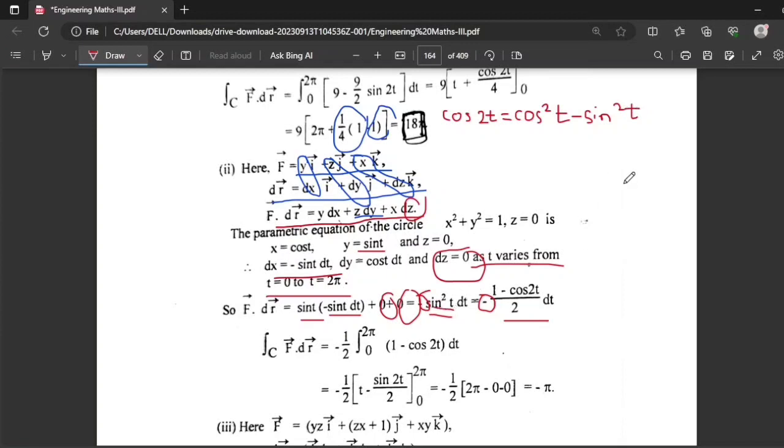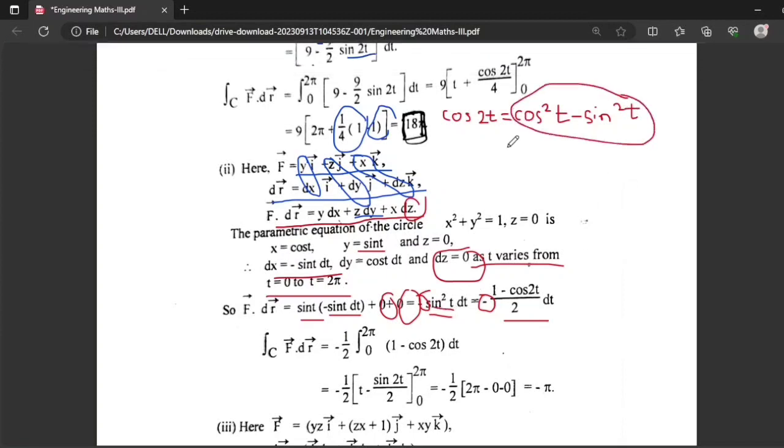Since here we have sin square t, we convert all this into sin, so it's 1 minus sin square t minus sin square t, that is 1 minus 2 sin square t, and on the left hand side there is cos 2t as it is.